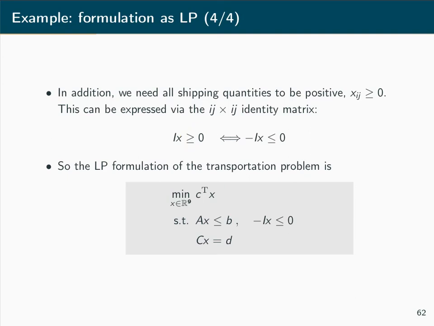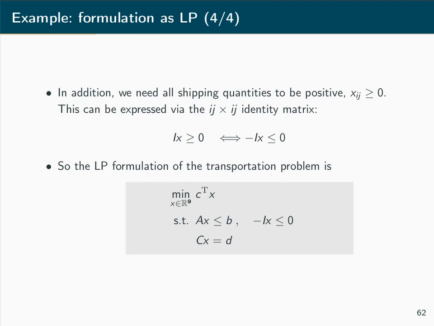So each of the elements of the decision vector has to be greater than or equal to 0. And we can simply reformulate this as a vector inequality with a less than or equal to sign by multiplying it with a -1. So we get minus identity times x less than or equal to 0.